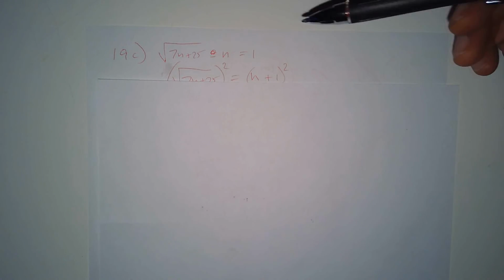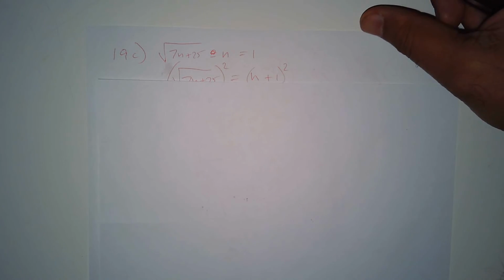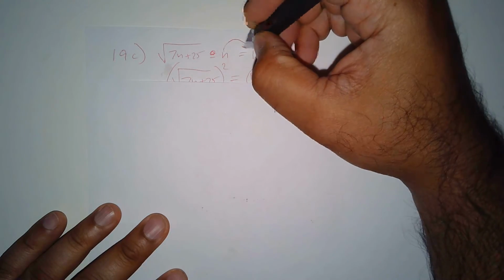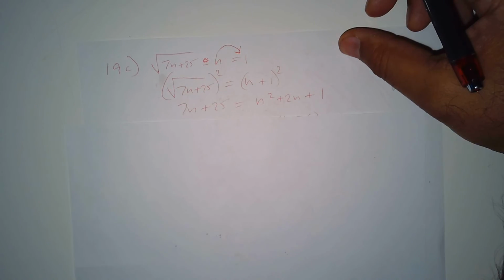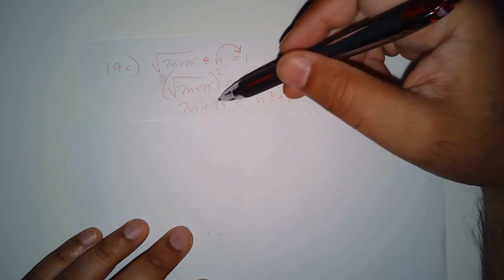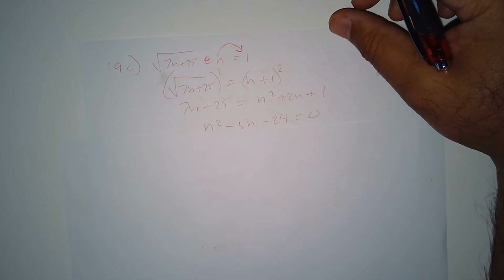So square root of 7n plus 25 minus n equals 1. Okay, so we can move the minus n to the other side, so you get n plus 1. Okay, and then square both sides, so you get rid of the root, 7n plus 25, and there's your n squared plus 2n plus 1.